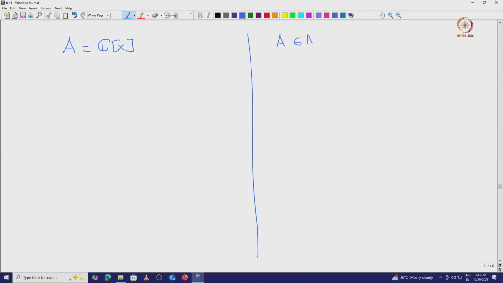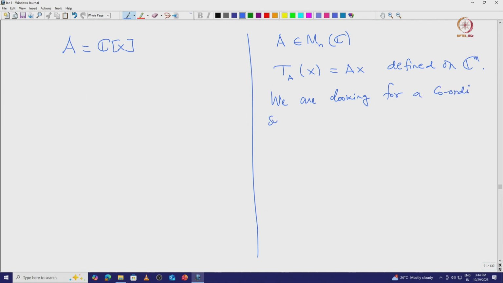We started with an n by n matrix, and then we defined this linear transformation T A of x equal to A x, defined on C n. Then we were looking for a coordinate system, that means a basis B, such that the matrix of T A with respect to B looks as simple as possible.